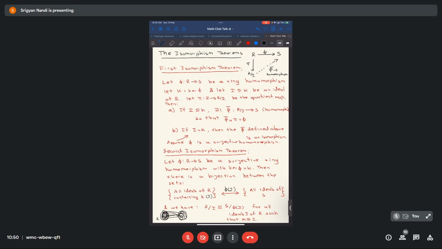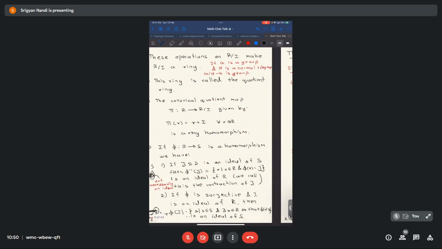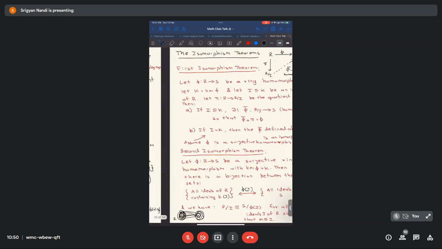As in most cases in algebra, when we require a bijection, it is induced by the already present ambient homomorphism, which in this case is phi. So I think we've covered most of the basics that we need over here.